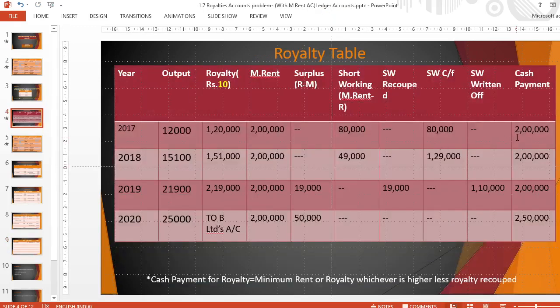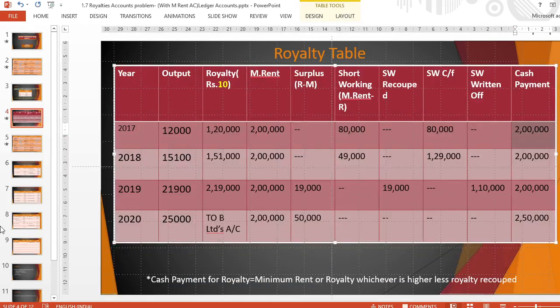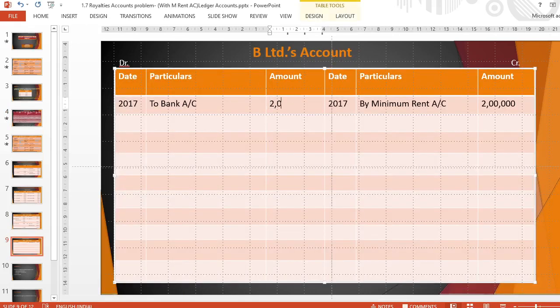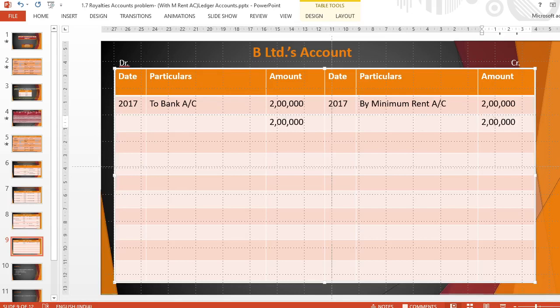In the year 2017, the final payment was 2 lakh. So I'll record the same thing. If there is a short working recoupment, we need to pass the entry, but as far as the first year, there is no recoupment. So I'll close the books of accounts. It's 2 lakh on the debit side and 2 lakh on the credit side.